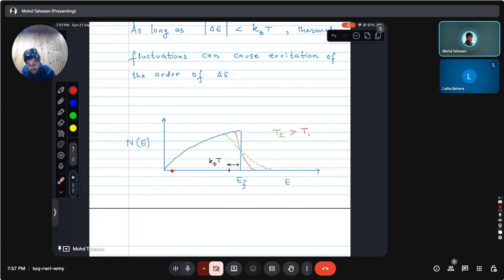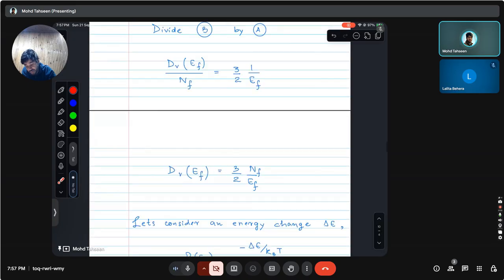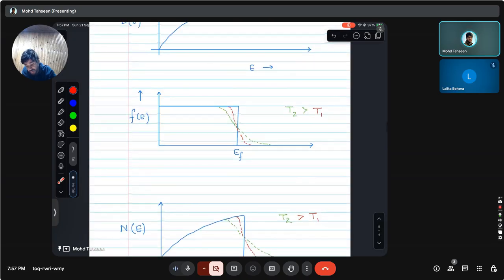We know that this cannot happen, because if a jump of kBT happens from here, the electrons will reach only somewhere here. But we know that these states are already filled because of this distribution. We know what the distribution looks like. So there is no jump here.